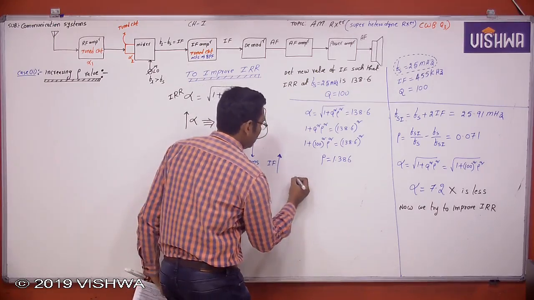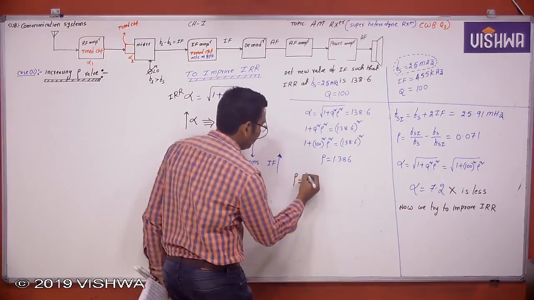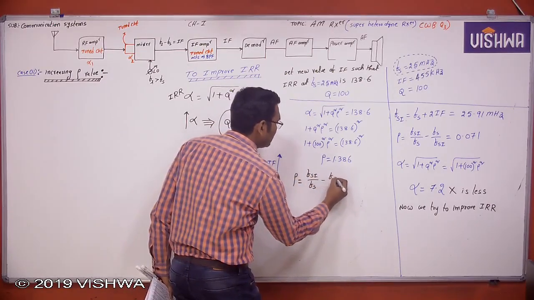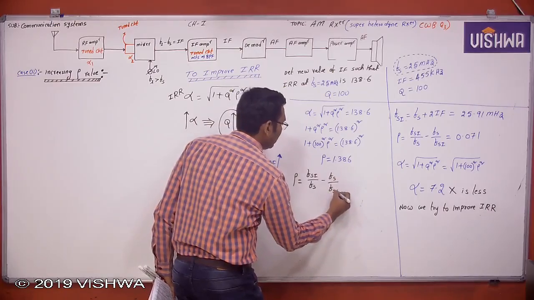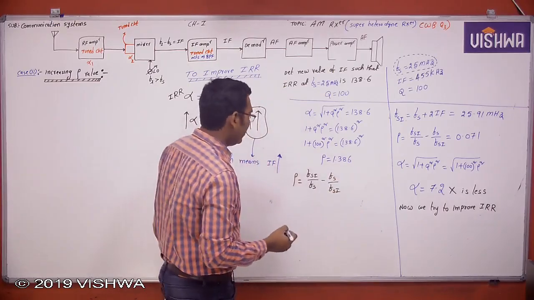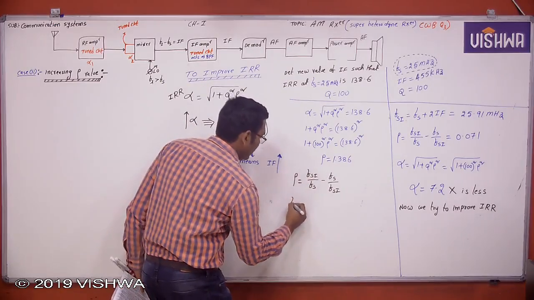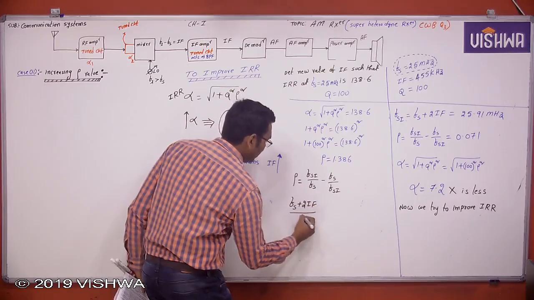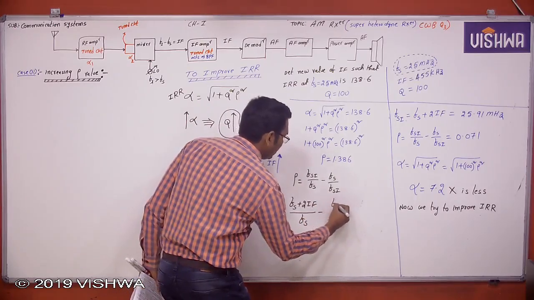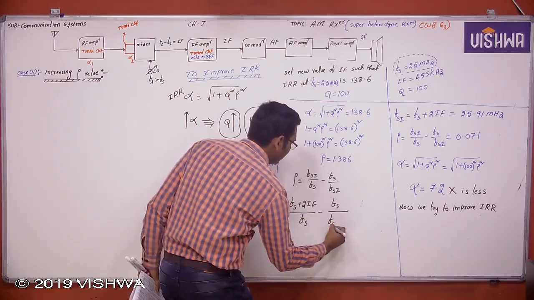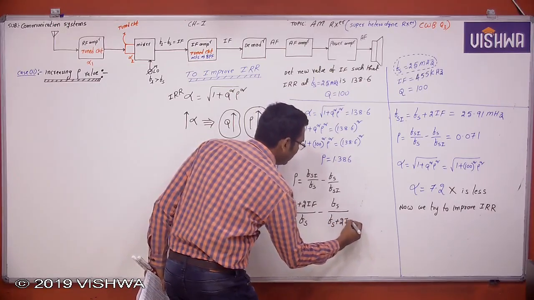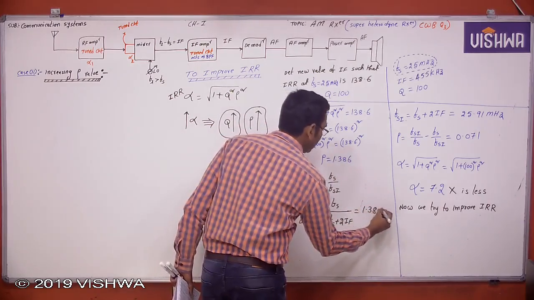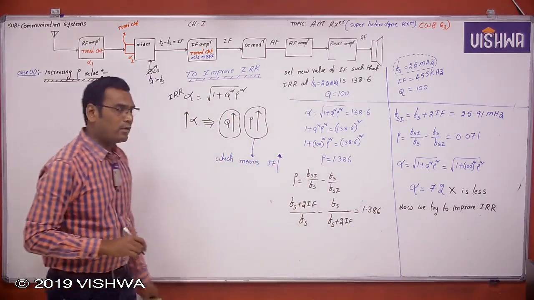But what I want, so what is rho? Rho is nothing but Fsi by Fs minus Fs by Fsi. Now here what I am doing is, Fsi I can write like this: Fs plus 2 into If, by Fs minus Fs by Fsi, which is equal to rho, which is already calculated, 1.386. Fs is also available. What is Fs?